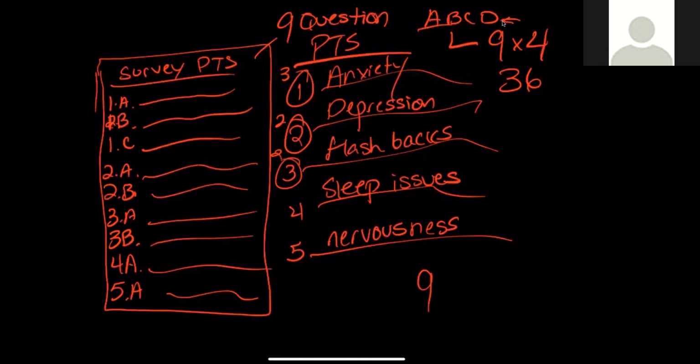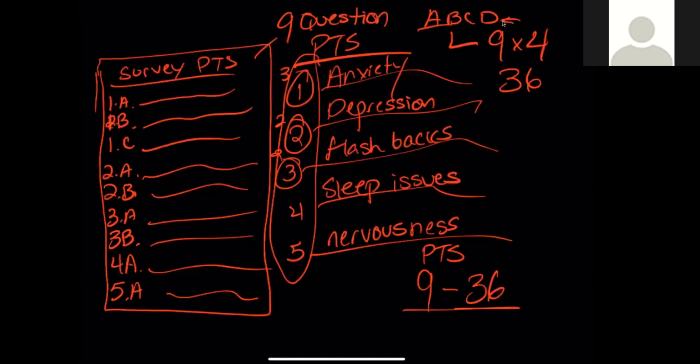Anything between 9 and 36 is now this measure of post-traumatic stress that we've created that covers all of what we would deem the important major elements of post-traumatic stress symptoms. And we've got this numerical scale that we can use based on how everybody answers question 1A, question 2B, question 1C, and so on.